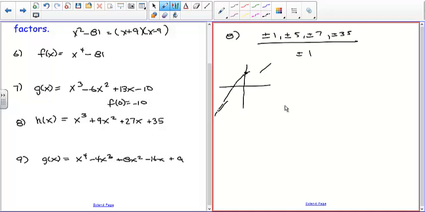So what we're going to do is pick -1 first and see what that is. If -1 gives a positive value, then we'll try -5. Okay, bring 1 down. You get -1, 9 minus 1 is 8. 8 times -1 is -8.